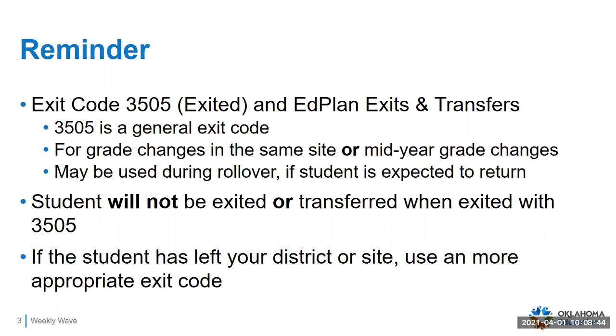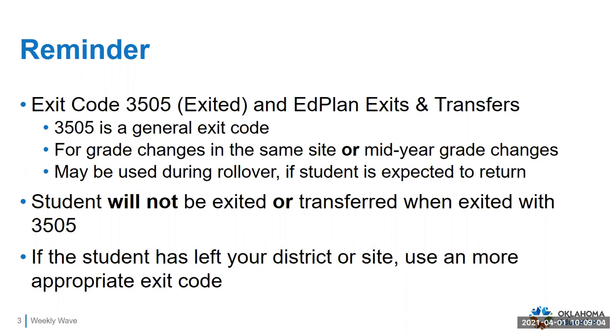If there is a situation where you're actually expecting the student to exit, say they're going to another school or they are deciding that they want to go and get homeschooled or something like that, and you're using the 3505 exit code in those situations, you're never going to see the student exit Ed Plan.